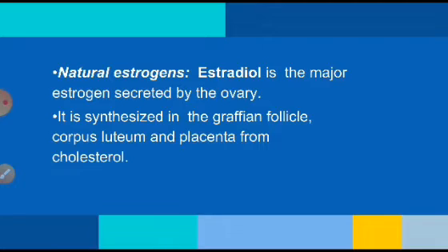The estrogens produced by the body we call natural estrogens, of which, as you have seen before, there are six types, where estradiol is one of the major ones. Estradiol is the major estrogen secreted by the ovary.